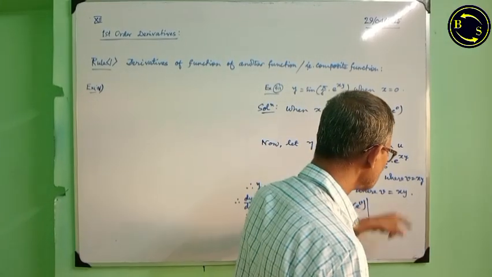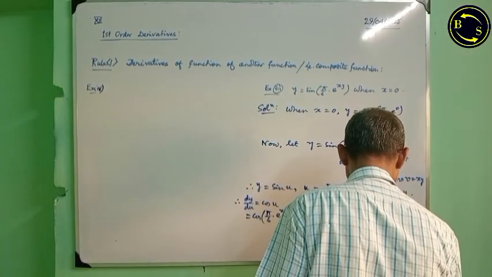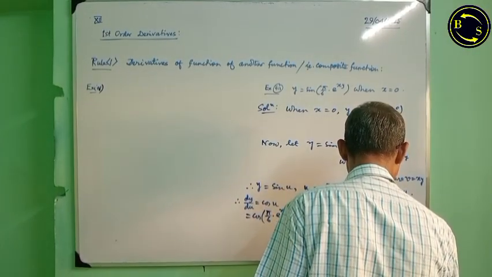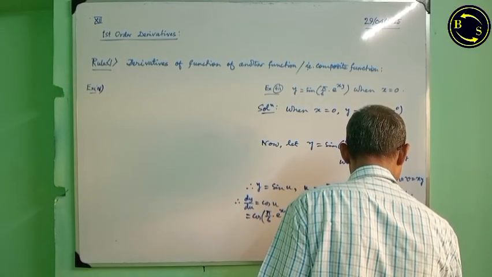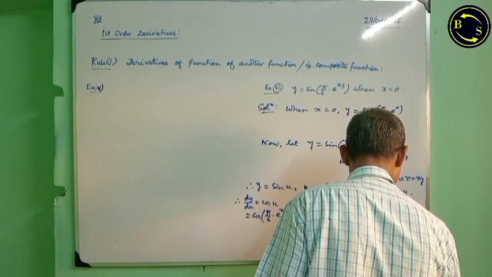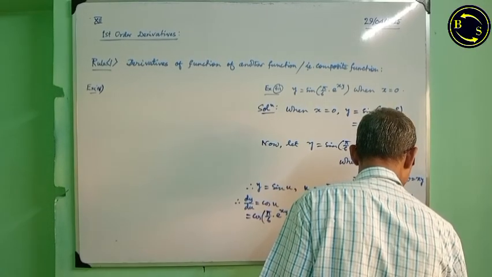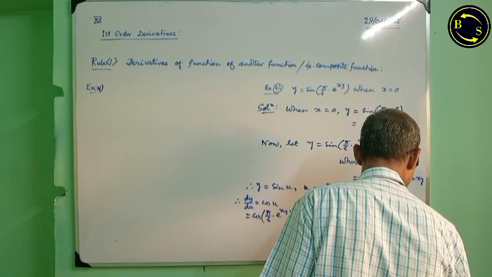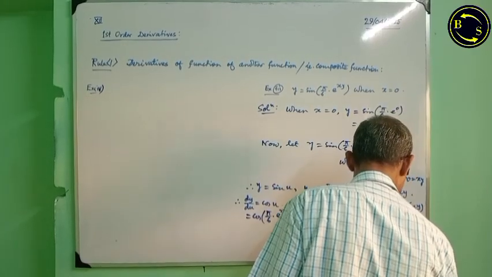Now v in terms of xy, therefore dv by dx is equal to d by dx of xy.